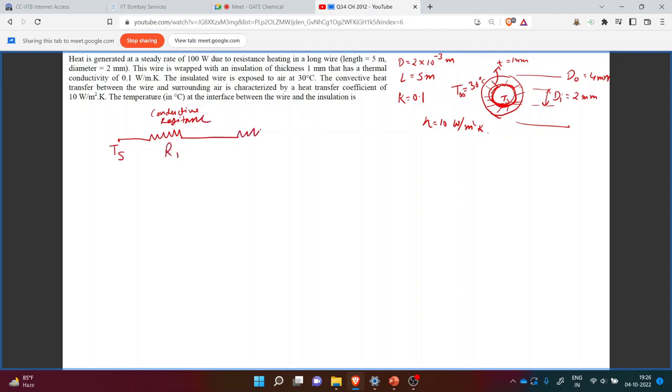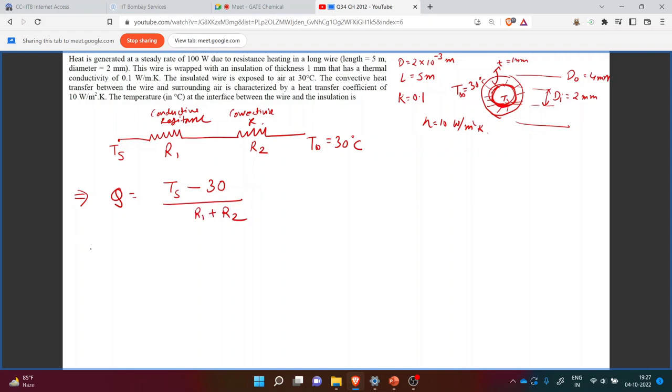Then we will be having the convective resistance, that is R2. And the outer temperature we have been given as 30 degrees Celsius. Now the overall heat balance, we can write it as Q is equal to Ts minus 30 upon R1 plus R2.